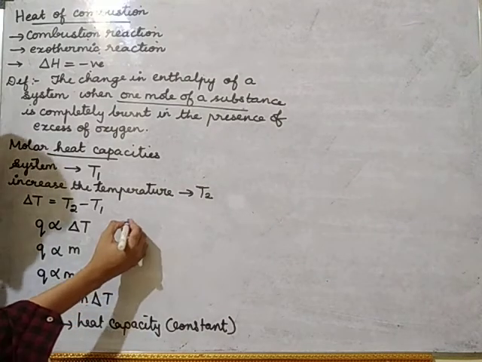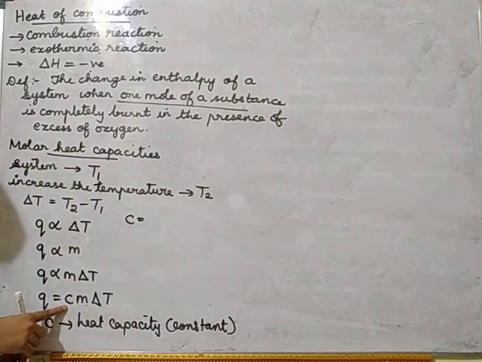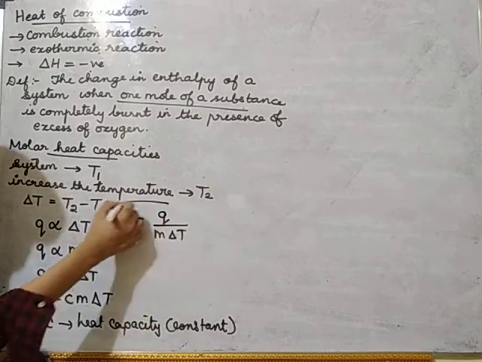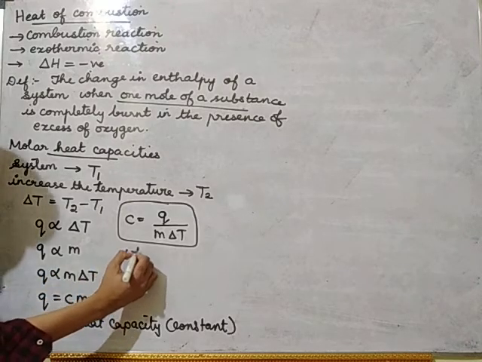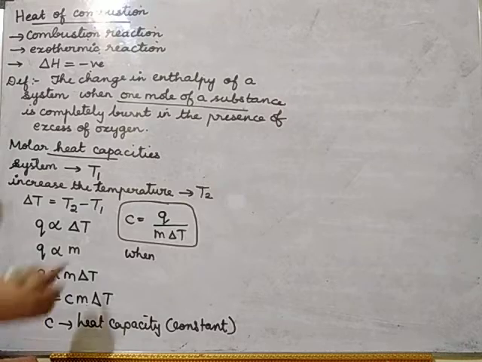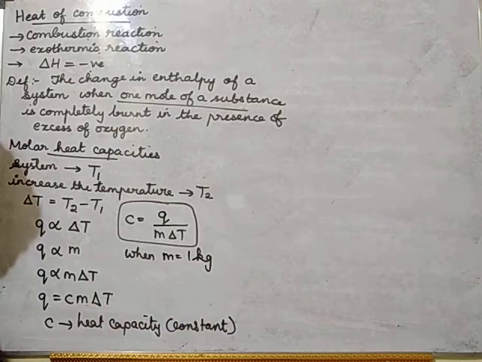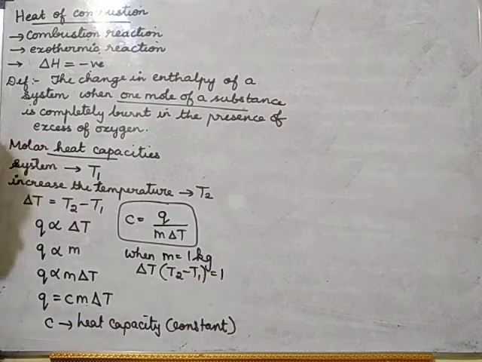So C will be equal to Q divided by M into delta T. This is the molar heat capacity. C will be equal to Q when M is equal to 1 kg and delta T, that is T2 minus T1, is 1.